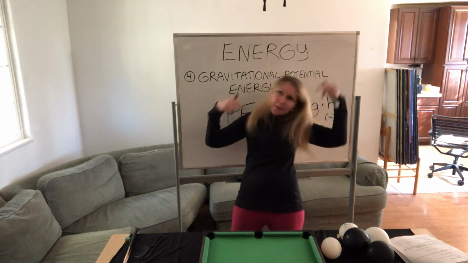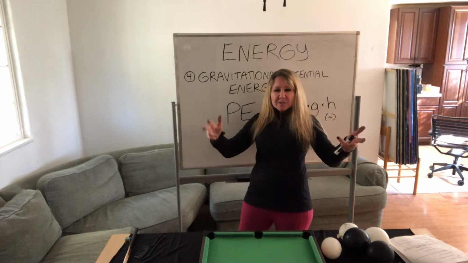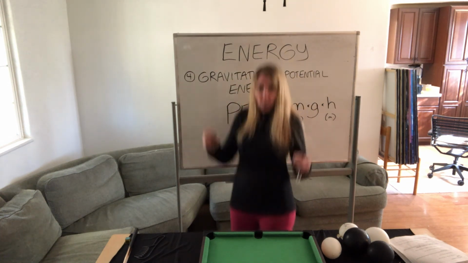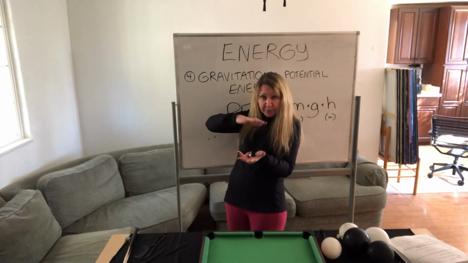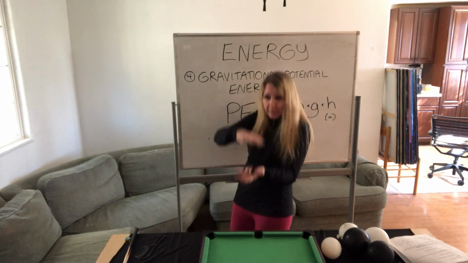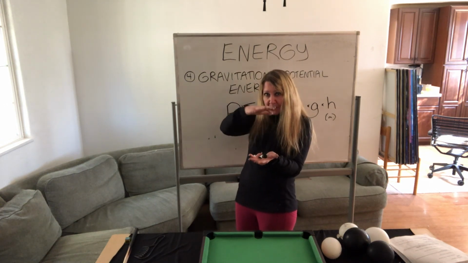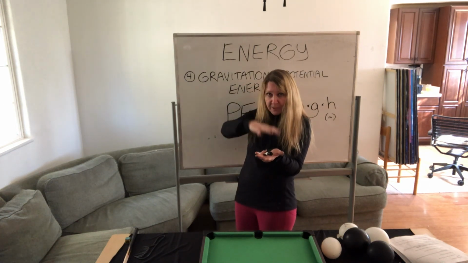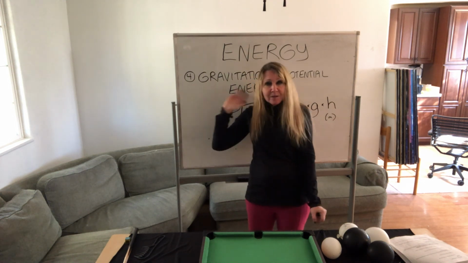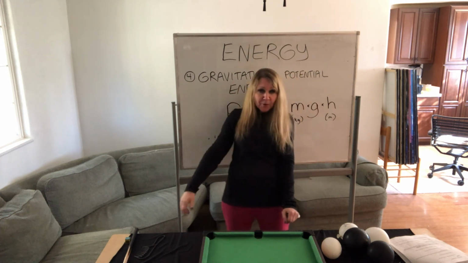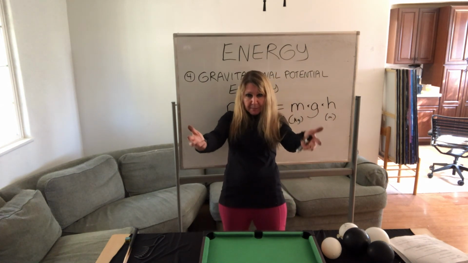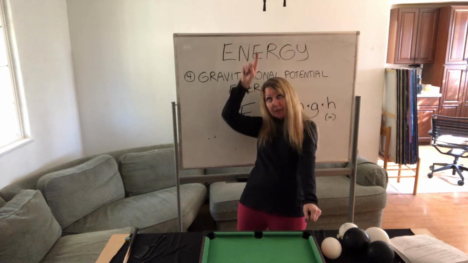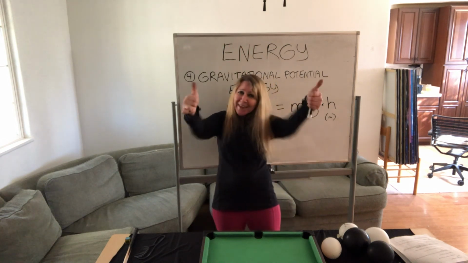Think of wind-up toys, springs, a trampoline. If you're jumping on your bed, there's stored energy in the springs in the mattress. When you compress the spring, there's energy in there. And the fourth type is gravitational potential energy. Think of a roller coaster ride: maximum potential energy at the top of the hill. So energy rocks.